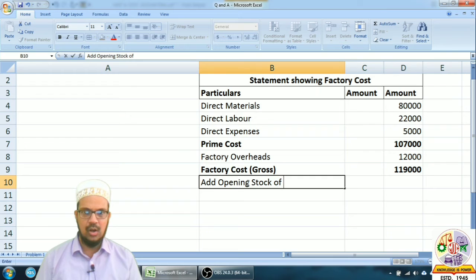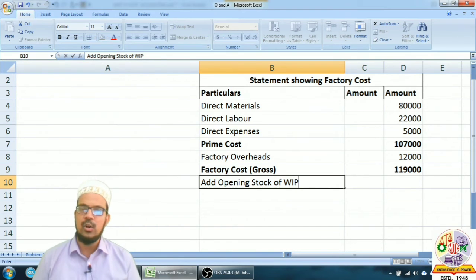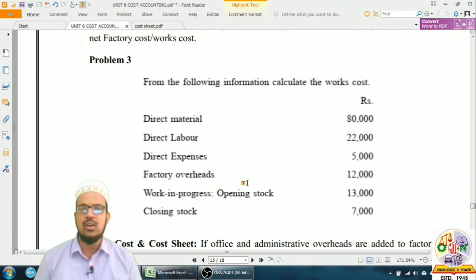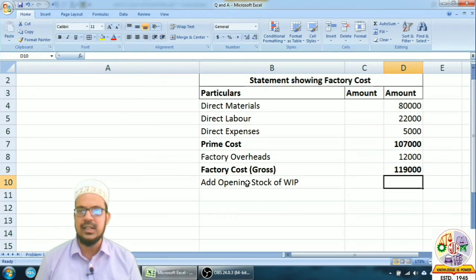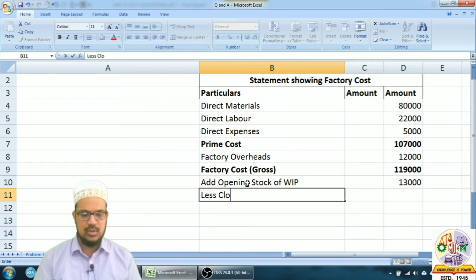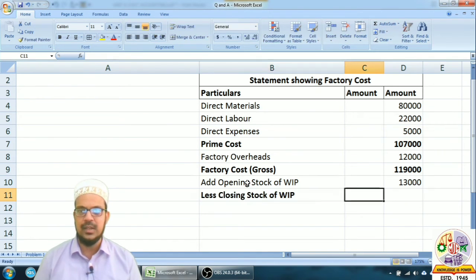Now to this gross factory cost we will add opening stock of WIP. WIP is a short form for work in process. Opening stock of WIP is 13,000. I will add opening stock of WIP and deduct closing stock of WIP.